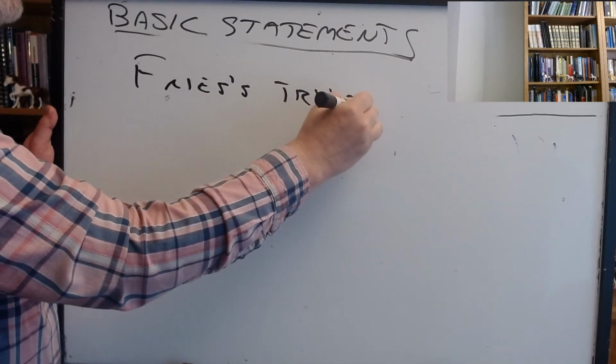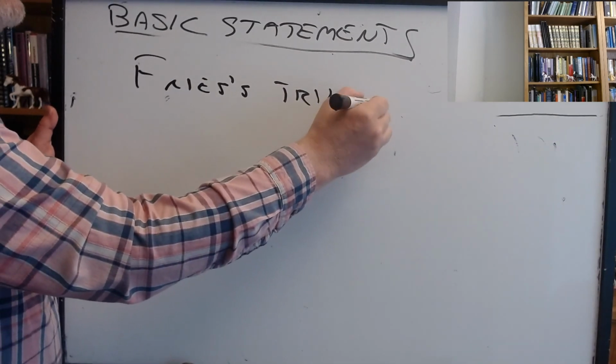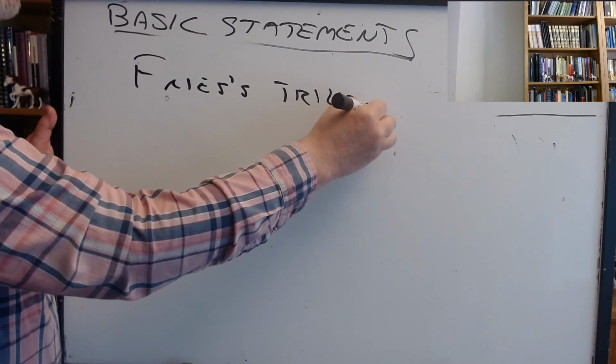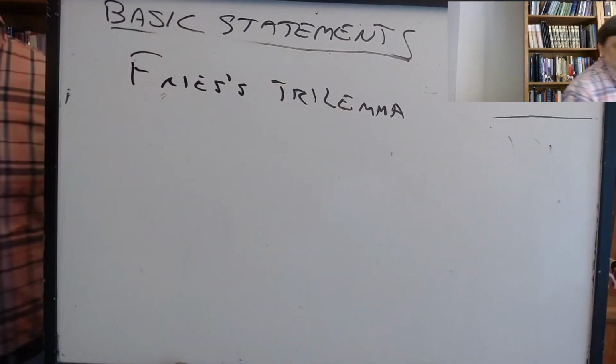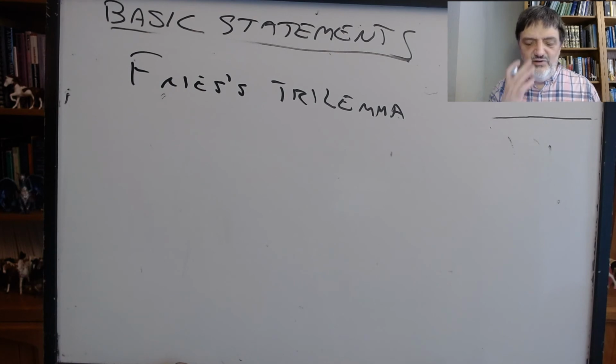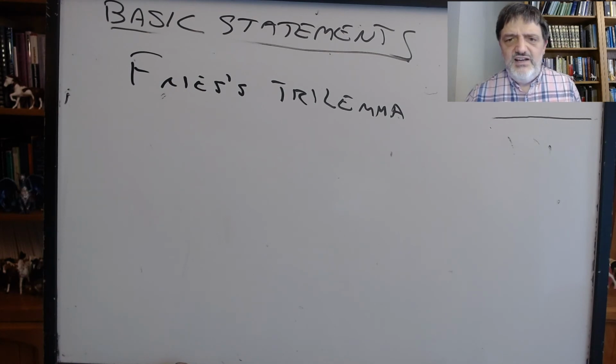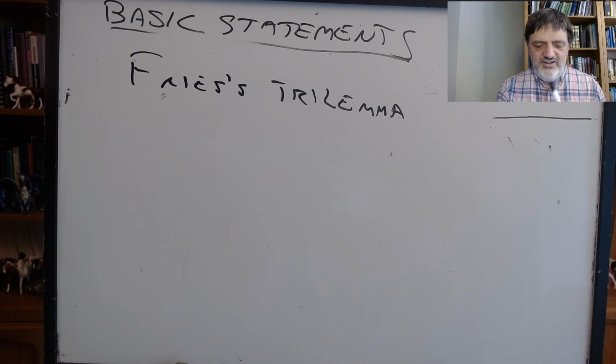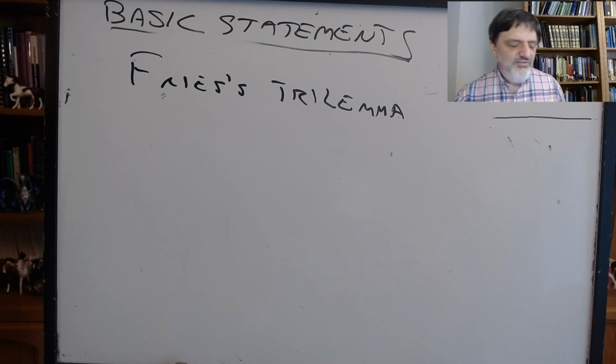Two M's in trilemma? I never remember how to spell lemma. All right, I wrote it here with two M's, but I could have misspelled it here too. All right, anyway, as I always say, I wish I could have a whiteboard with a spell checker. All right, so never mind who Fries is.